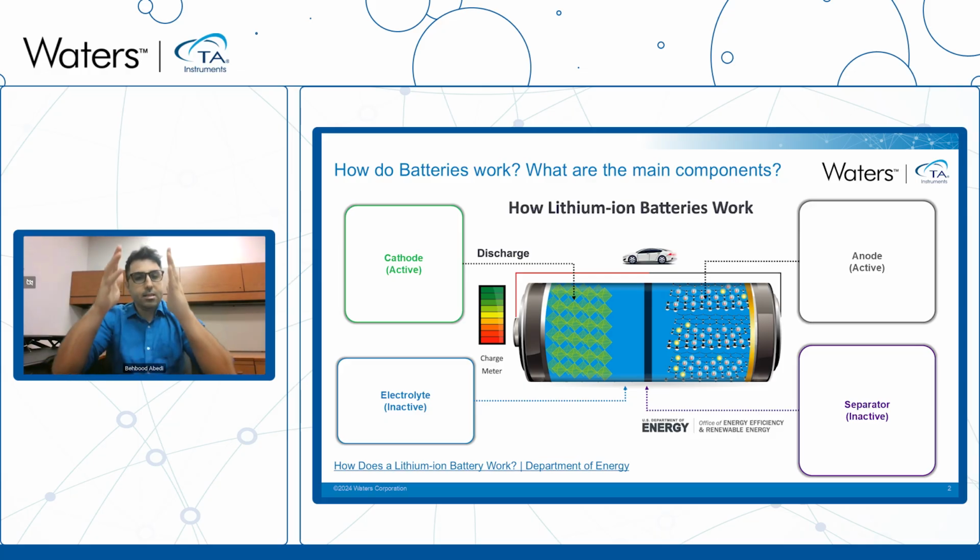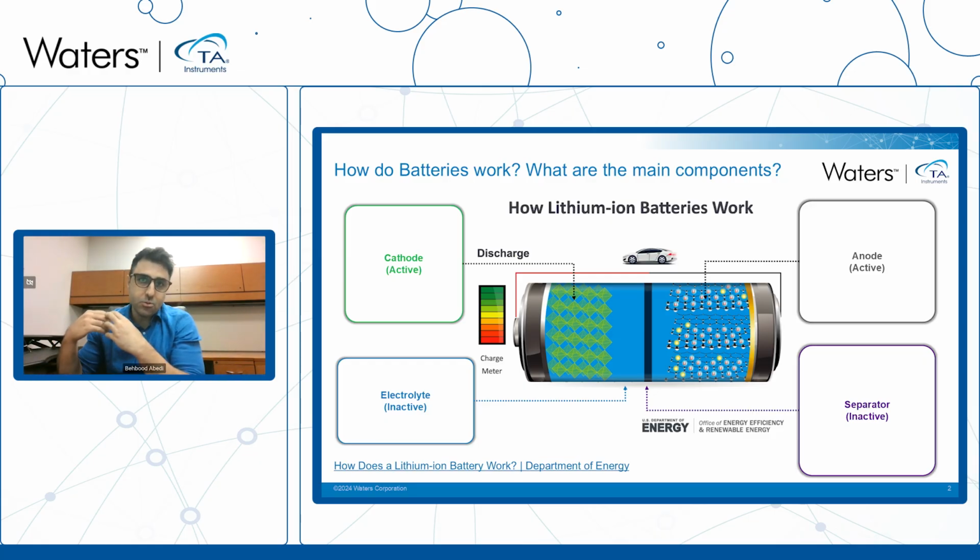Then we need a separator between these two because we don't want a direct short circuit between anode and cathode. But the separator should be a porous membrane that allows ions to pass through. Then we fill between cathode and anode with electrolyte, which is a lithium salt, and we seal it. So we have a battery.